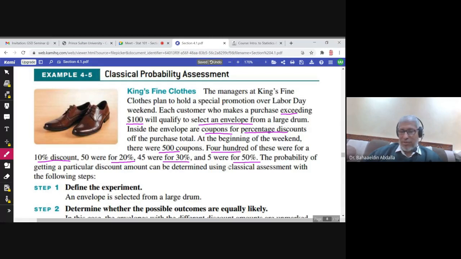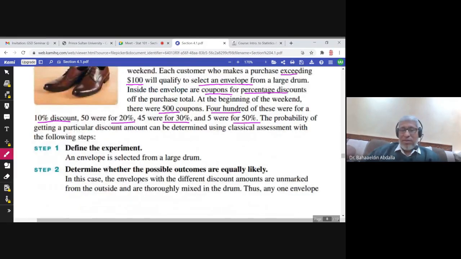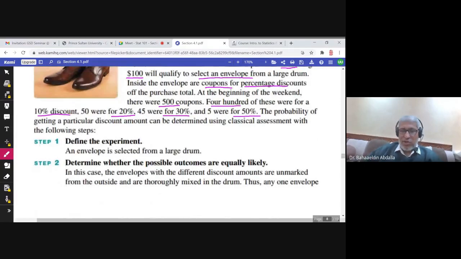So he is illustrating the kind of coupons there: some with 50% discount, 30%, 20%, 10%. Of course, the majority are 10% discount. Nobody yet picked any envelope. Before any experiment could happen, before any trial, we can ask, what is the probability of selecting a particular discount? What is the experiment?